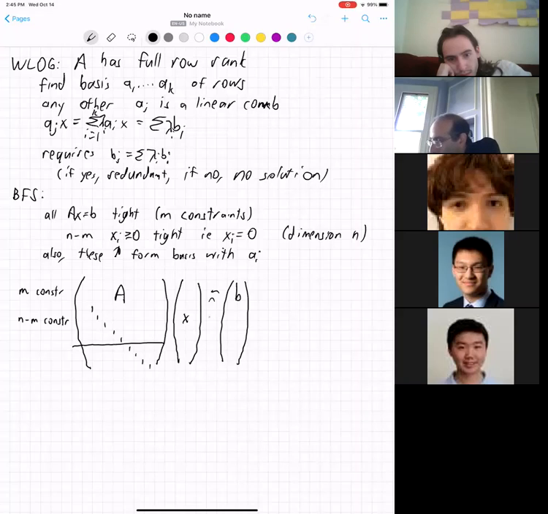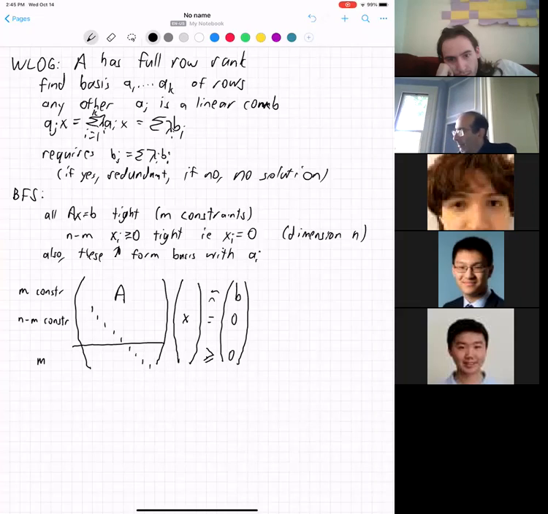So we also have an equality sign over here, right? And then finally, since there's m constraints in total, I have m more of these xi greater than or equal to 0 constraints, but these are not necessarily tight. They just satisfy the greater than or equal to 0 requirement.